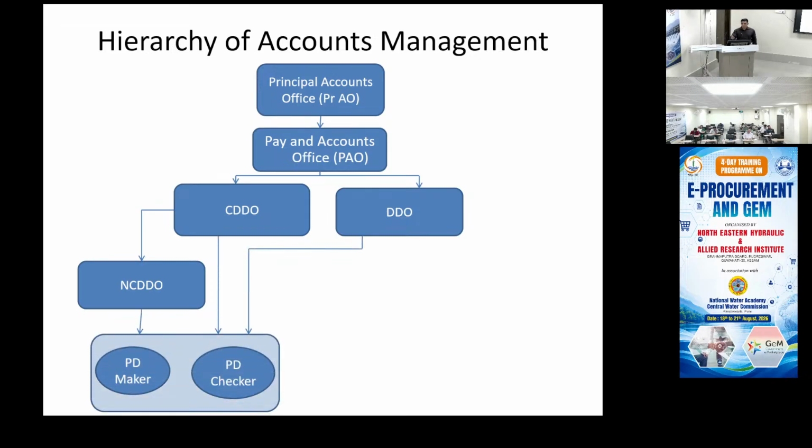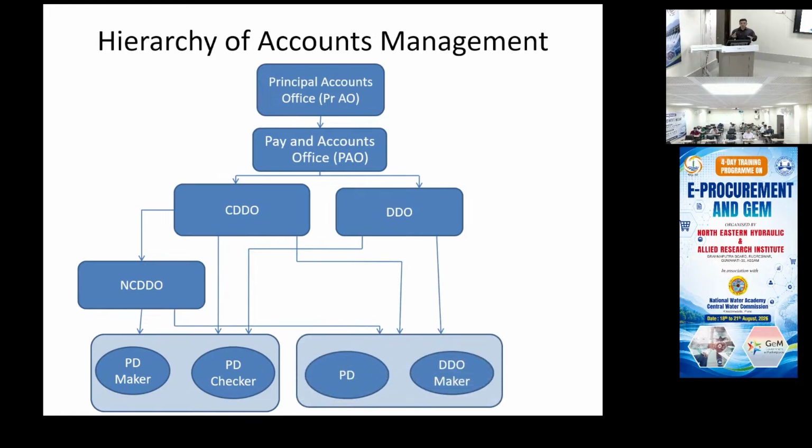Now all of them have PD makers and PD checkers, or basically the accounts system under each DDO, and there's a PD and DDO maker. And at the bottom level we have the claimants, which are not shown over here. Who is a claimant?